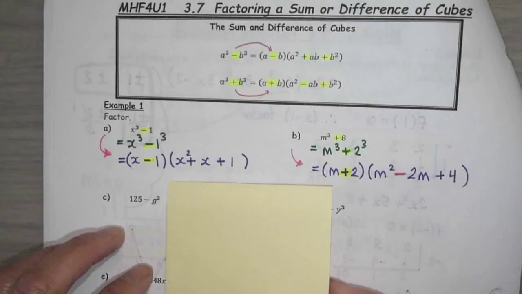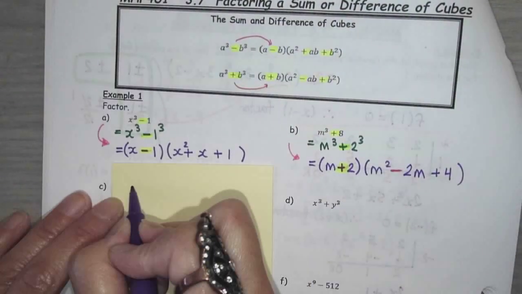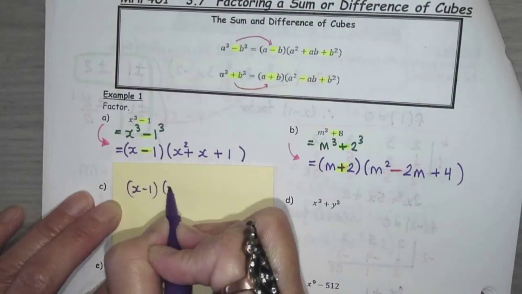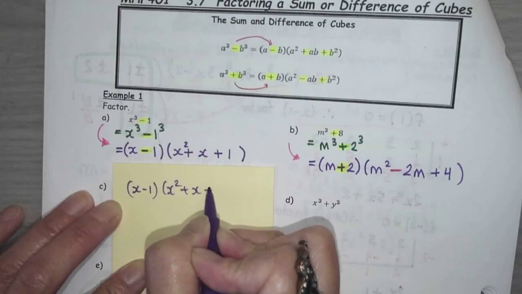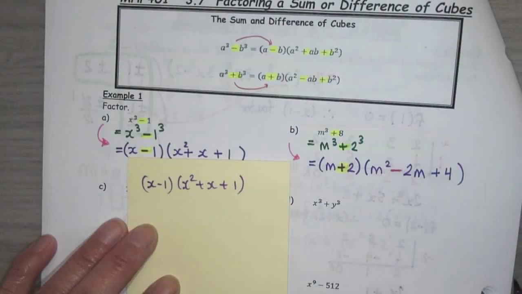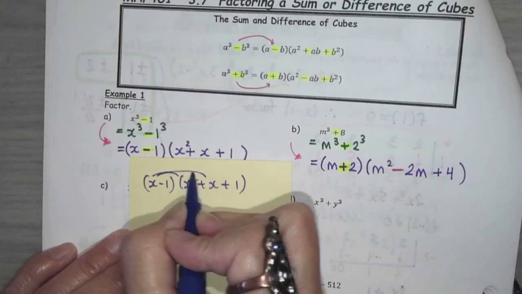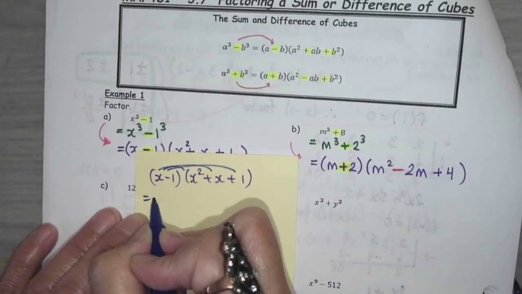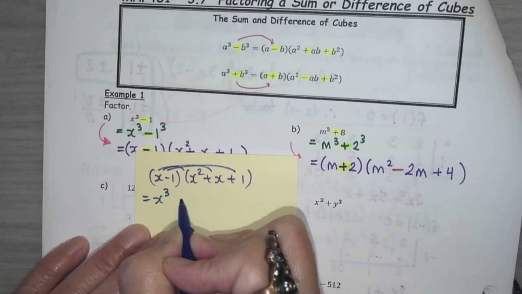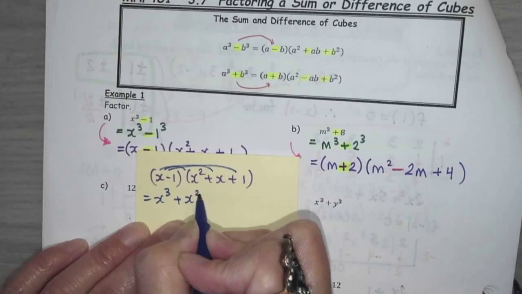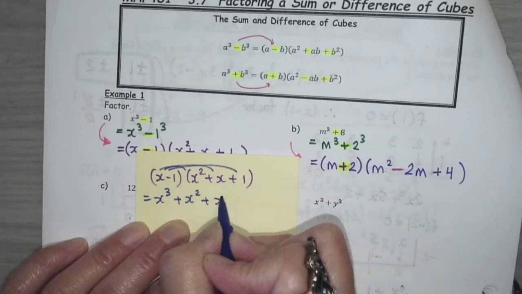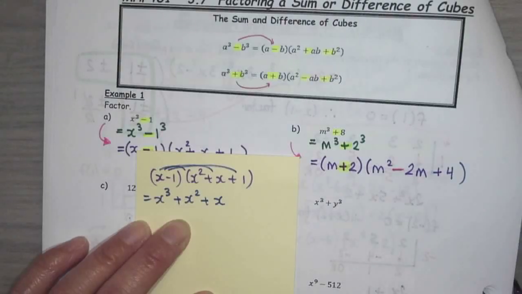Okay, and again, people go, why? So if I expand this, I'm just going to take it so that I can show you. It's just the pattern that they found after a bunch of divisions. After they did a bunch of divisions, they went, oh, cool, that's a pattern. So if you expand this out, it's x cubed plus x squared, x times that, plus x, right?